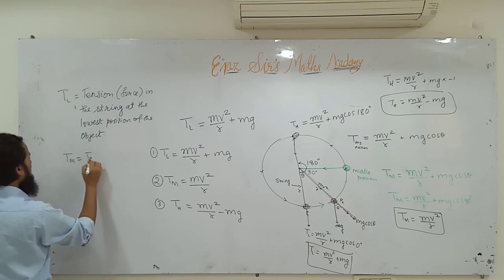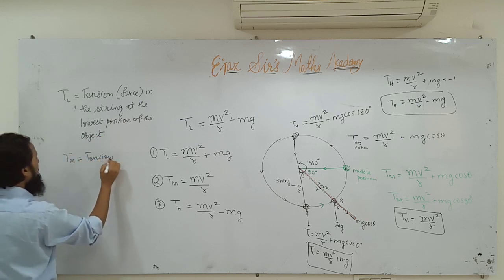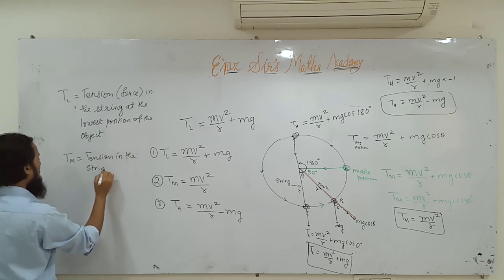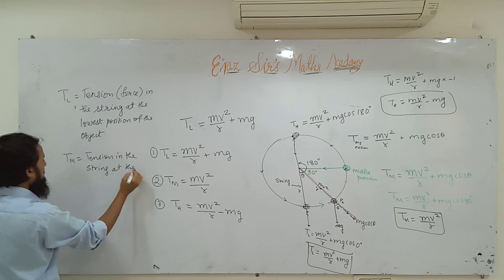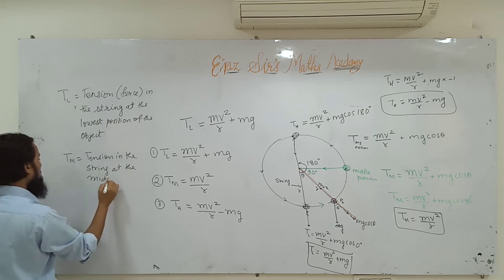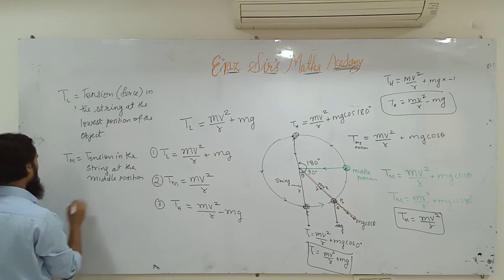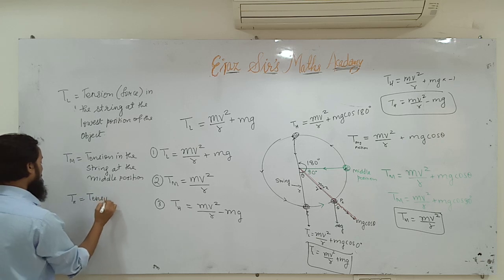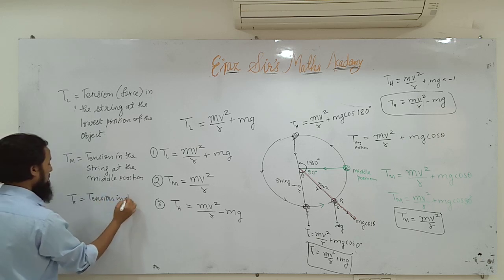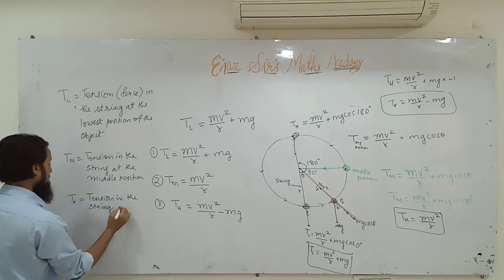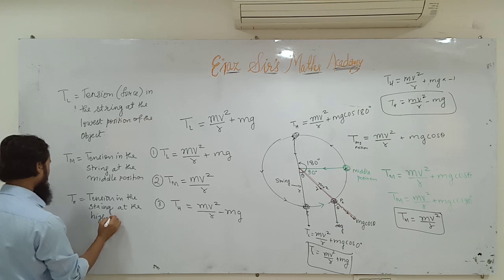Tm is tension in the string at the middle position, and Th is the tension in the string at the highest position.